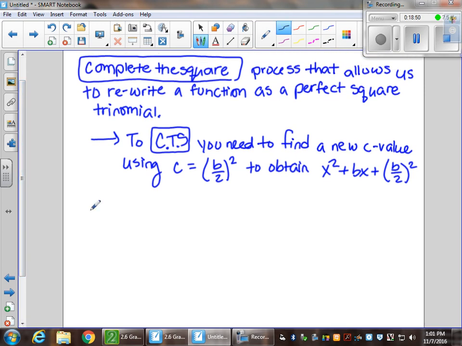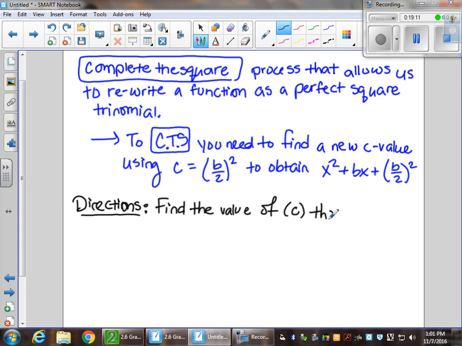Let's practice right now. Directions. Find the value of C that makes the expression a perfect square trinomial.